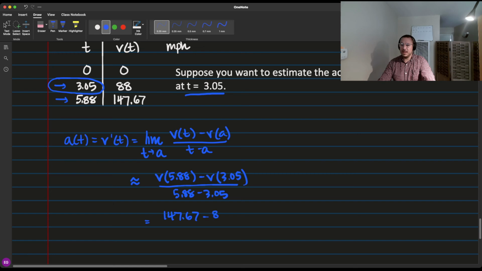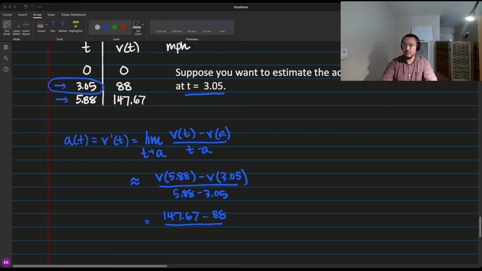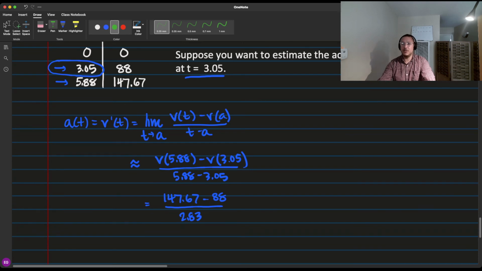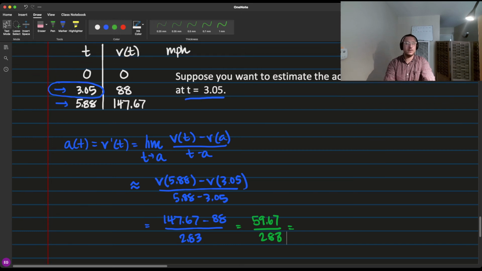V at 3.05 was 88. 5.88 minus 3.05 is 2.83. Then you divide the top number by 2.83, and we'll just put 21.1.